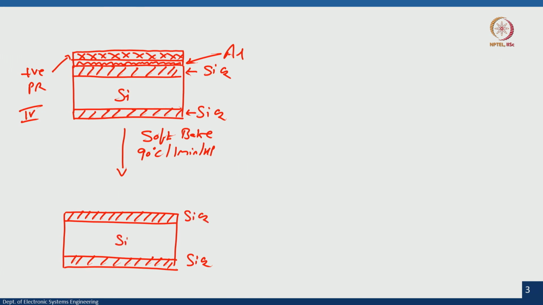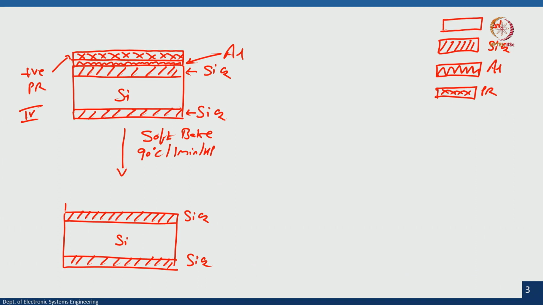If you correctly give different patterns, for example, on the side you will say, okay, this is my silicon, then this is my silicon dioxide, then this is aluminum, then this is photoresist. Then we do not have to mention every time when you draw the process flow. So, SiO2, on that we have our aluminum.